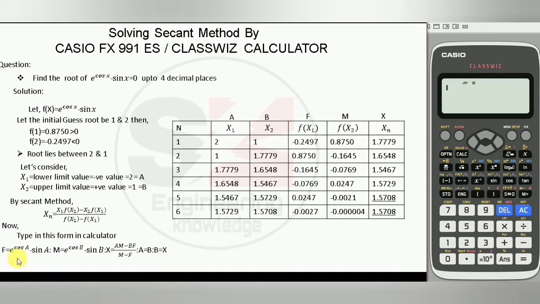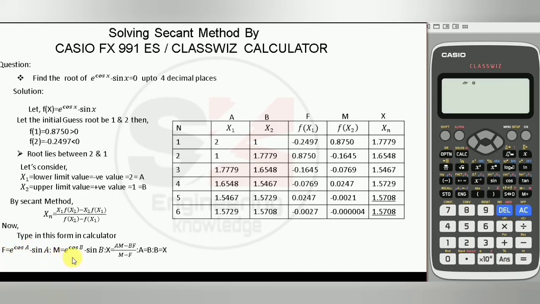At first, the variable f means this function value. Simply write this. Then we have to write the variable x1, and x1 is represented by a. That is, in this way we can write the variable a in the first equation.